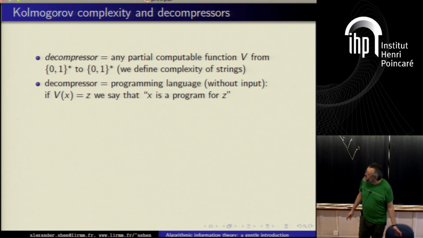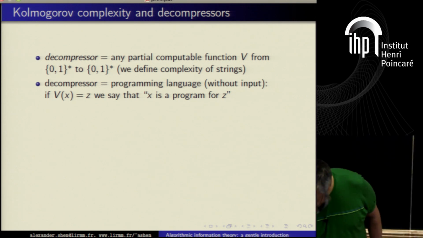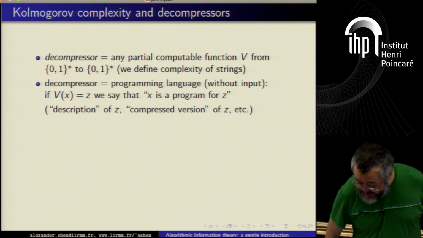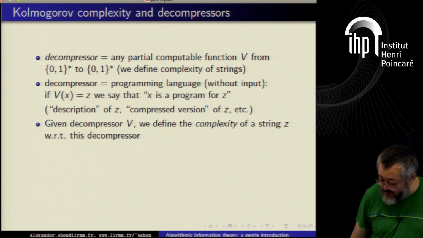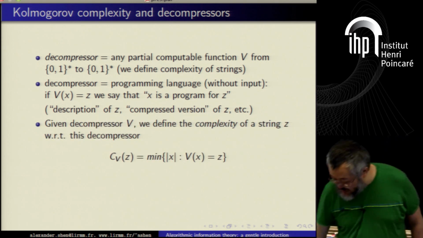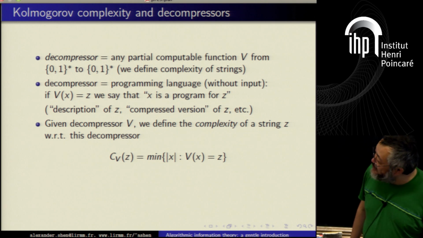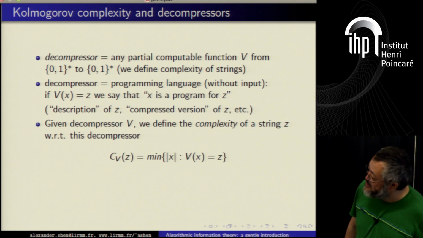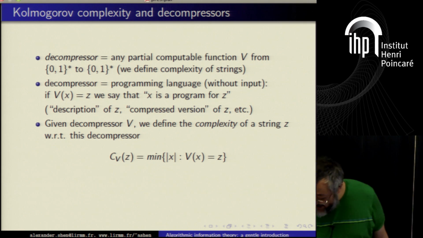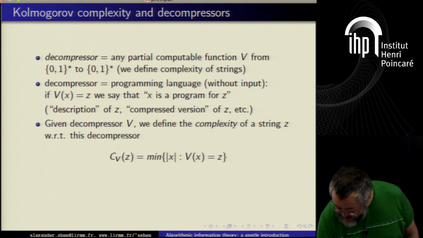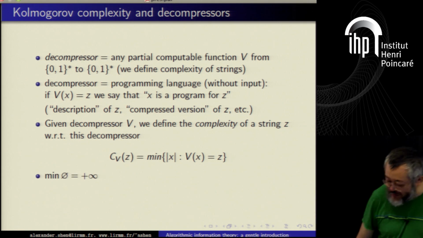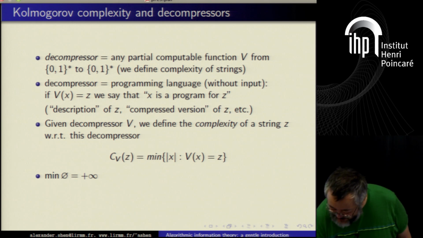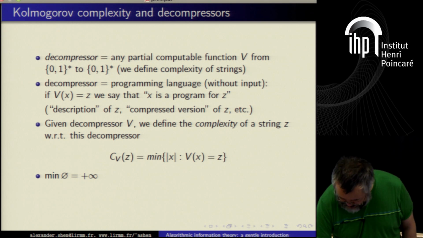It's just wording. And then we can define the complexity in a trivial way, as I said: the minimal length of a program which produces a given string Z. It's so simple that it's hard to believe that something reasonable can come out of it.